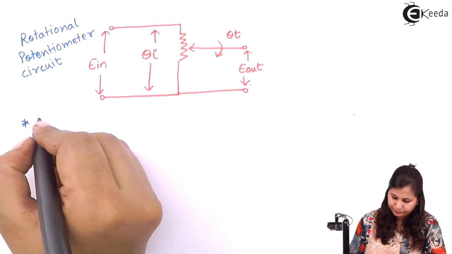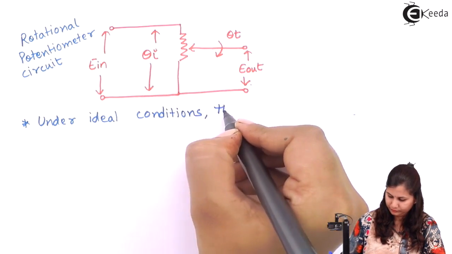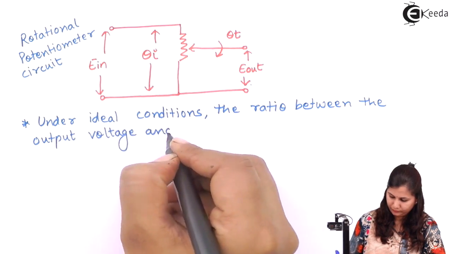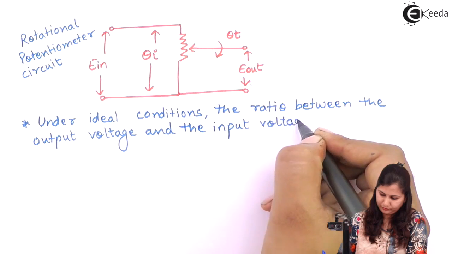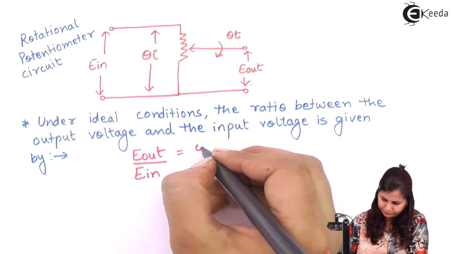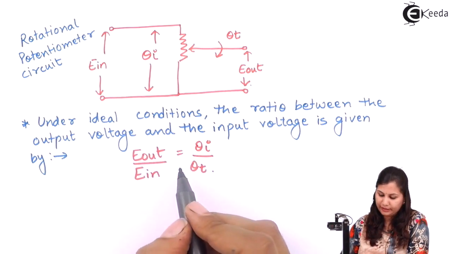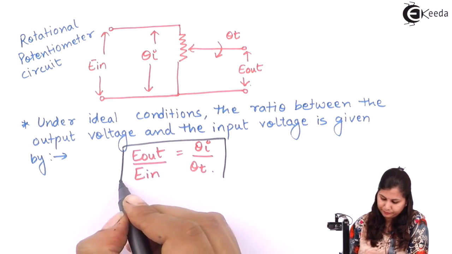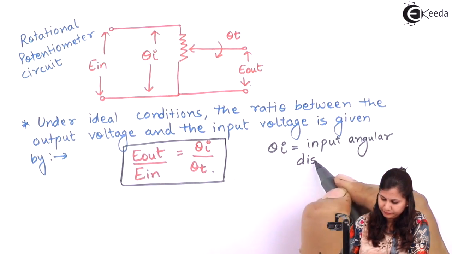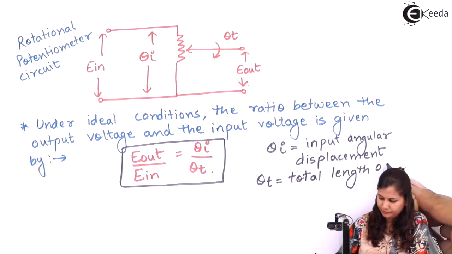So here also, under ideal conditions, this is the ratio between the output voltage and the input voltage, and it is equal to theta I by theta T. Theta I is the input angular displacement, and theta T is the total length of the wiper.